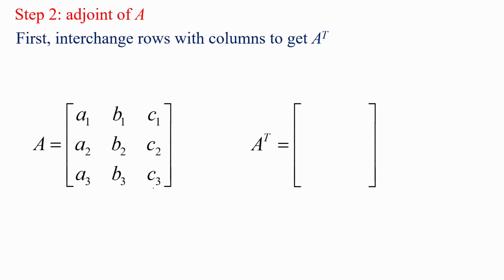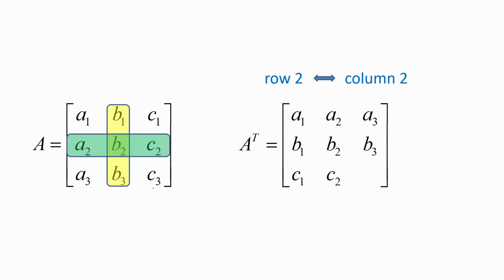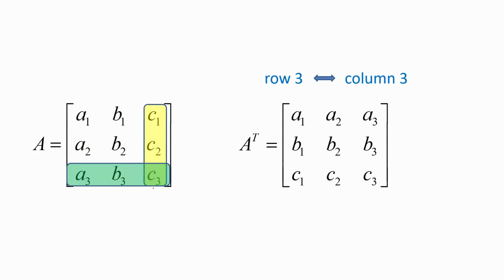So there's our matrix A. Let's see if we can work out what the result will be when we interchange rows with columns. First we swap row 1 with column 1, and it looks like that. Then we swap row 2 with column 2, and finally swap row 3 with column 3. So on the right we have our transposed matrix.